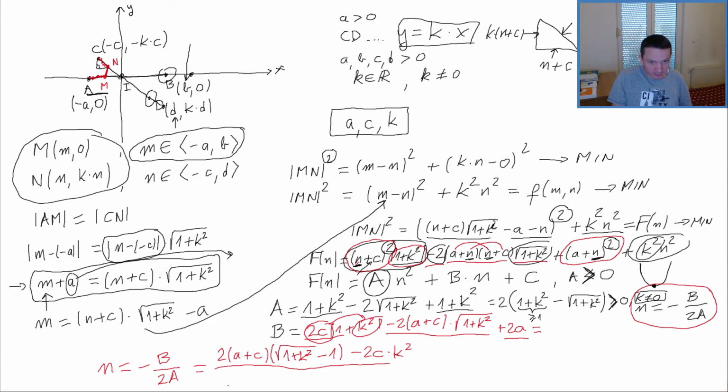Okay, and in the denominator we have 2a, this is a, so times 2 we have 4 in front, so 4 times 1 plus k squared minus square root of 1 plus k squared.